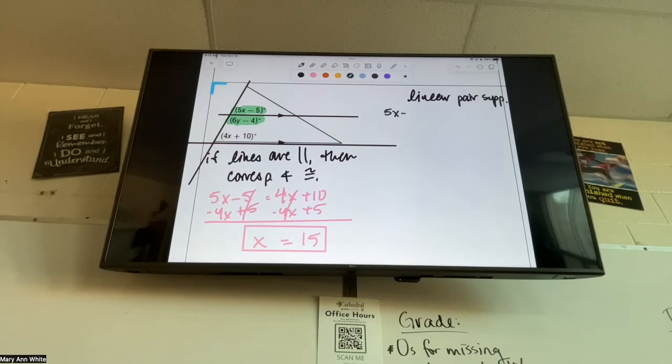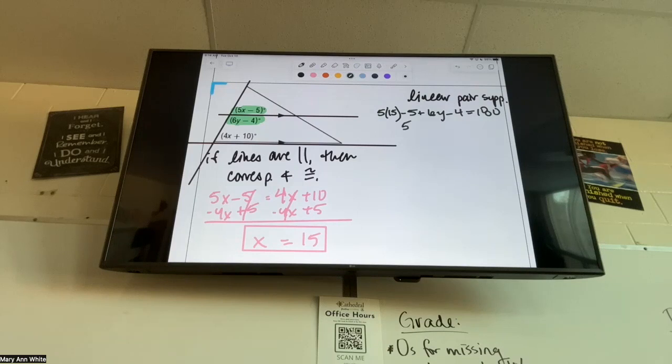So we'll say 5x minus 5 plus 6y minus 4 equals 180. Except, instead of writing x, we can actually write that number. We can write 15. So 5 times 15 minus 5 plus 6y minus 4 equals 180. You guys okay with that so far? All right, let's start algebraing this out.